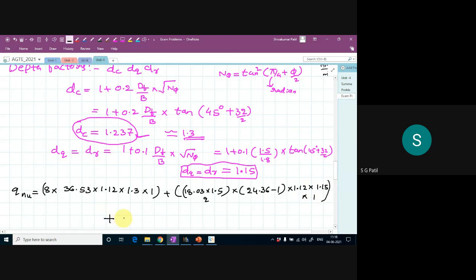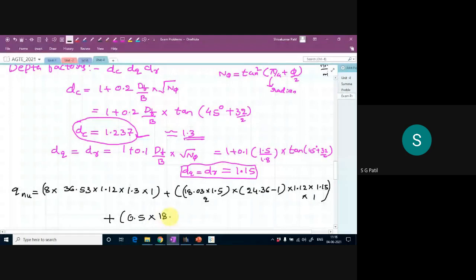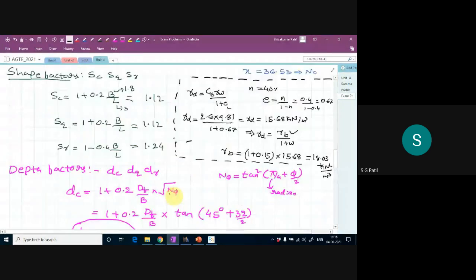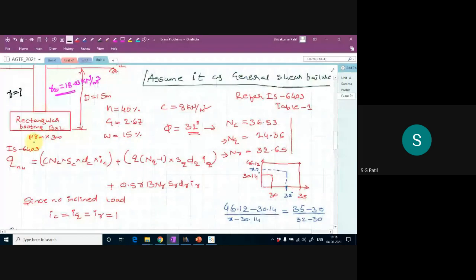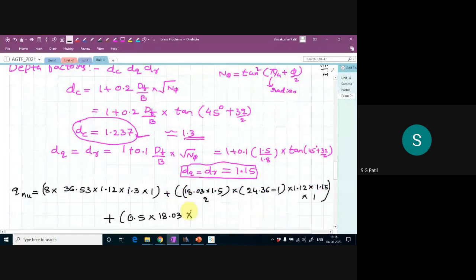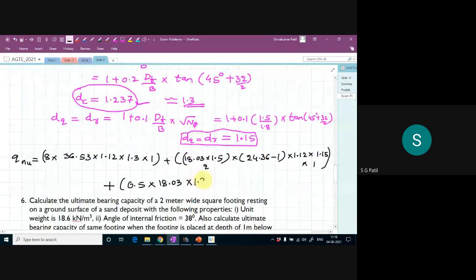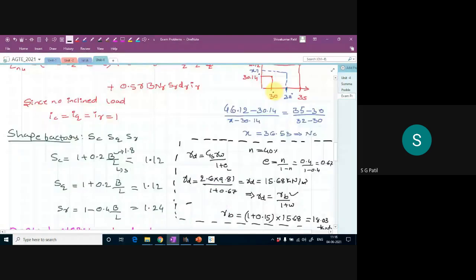Plus, what is my third term? Third term is 0.5 into gamma, 18.03. 0.5 gamma into B. What is the breadth of footing here? Breadth is 1.8 meter, no? So 0.5 gamma B N gamma. What is the N gamma?